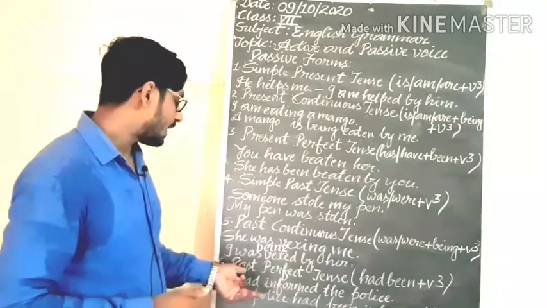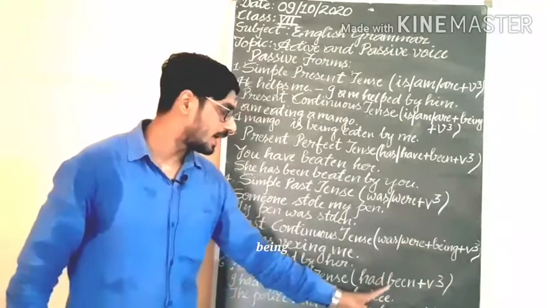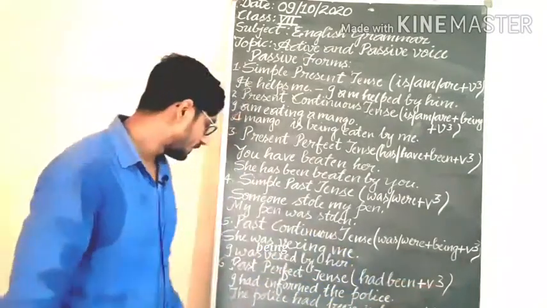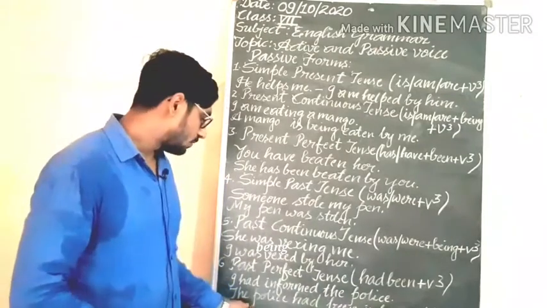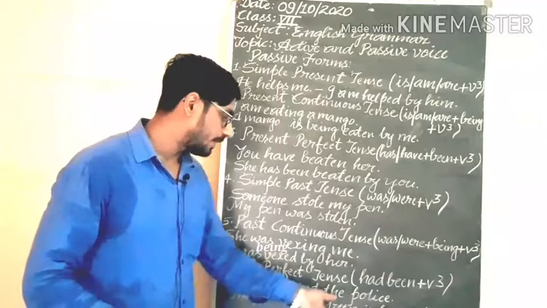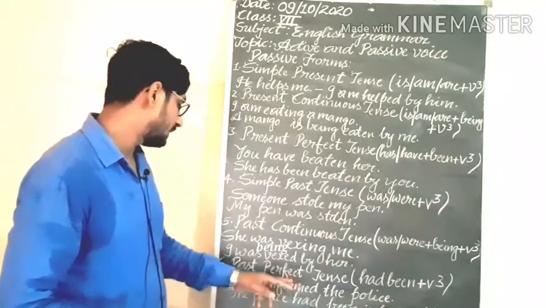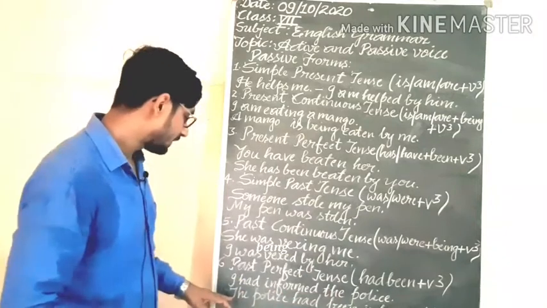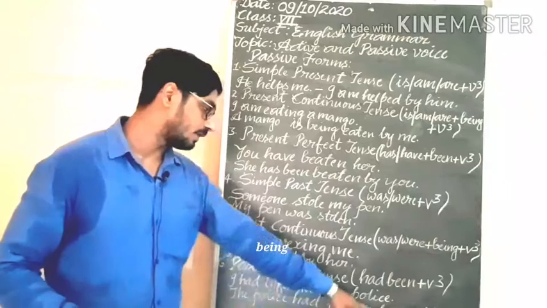Afterward, we are coming to past perfect tense. In past perfect tense, we will use had been plus verb third form. I had informed the police. So you are getting: the police had been informed by me. The police is the object, it will be the subject here. Understand? Had been informed, according to word structure, main verb third form.